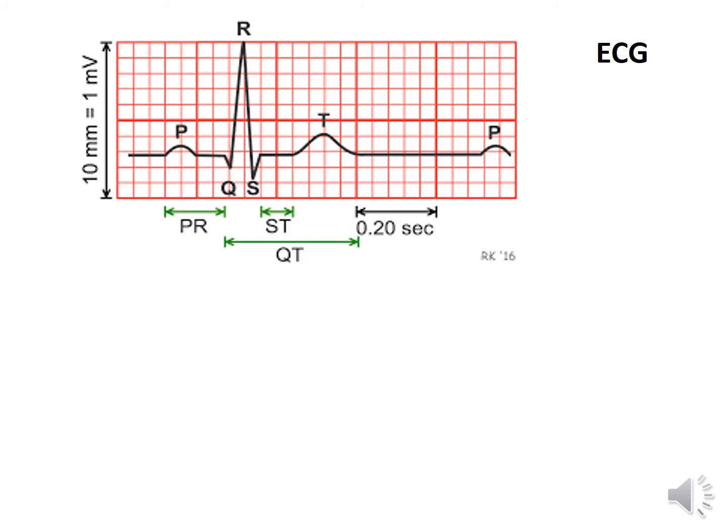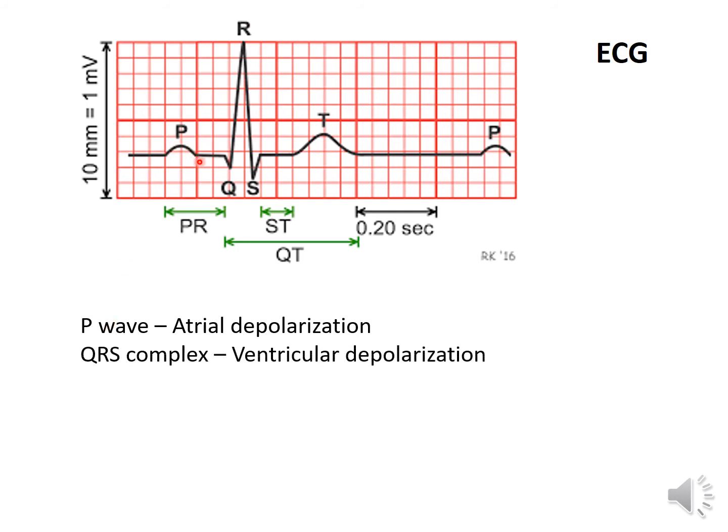Now, clinically, the electrical activity of the heart is assessed through the electrocardiograph. And in this electrocardiograph, we know that there are three waveforms. Okay, the first one is the P wave. The P wave tells us about atrial depolarization. Then there is the QRS complex.